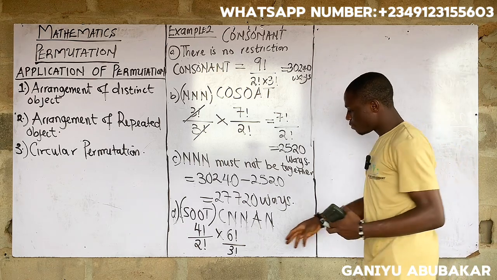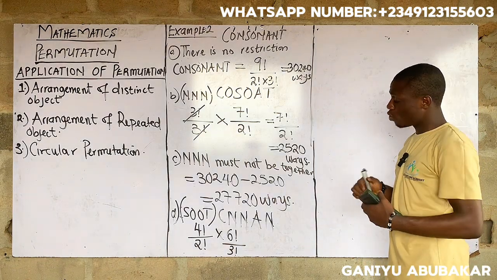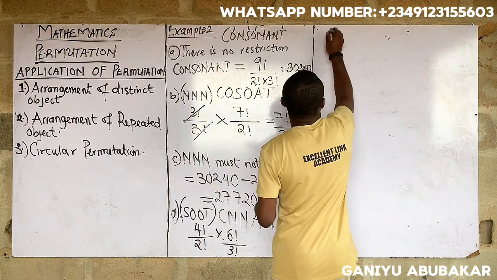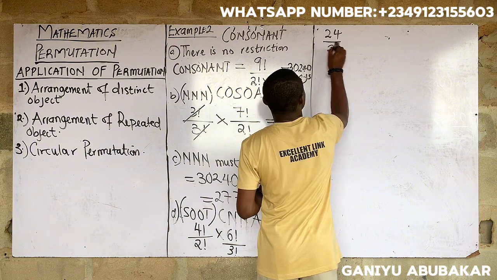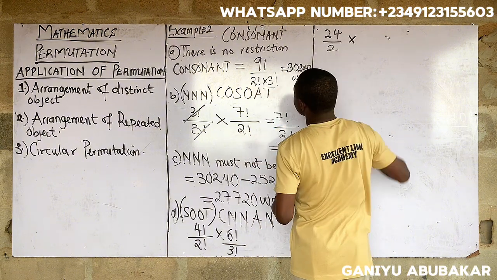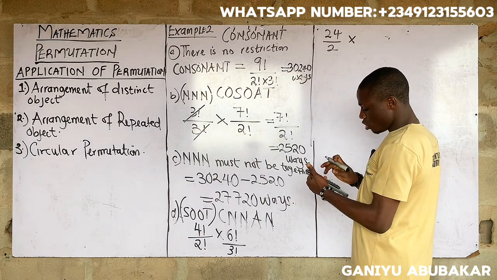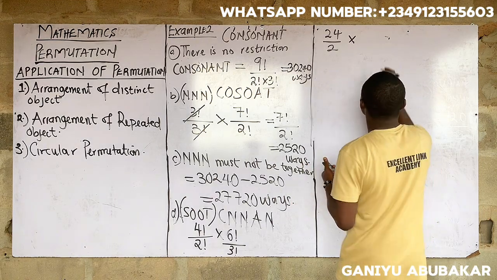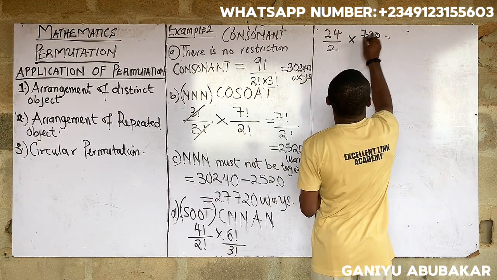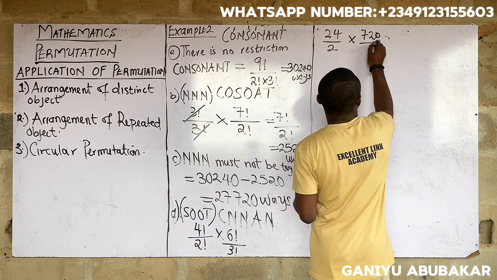All right, what do I get from here? So we know that 4 factorial will give 24 over 2, times 6 factorial, that should give 720, all over 3 factorial, there is 6.